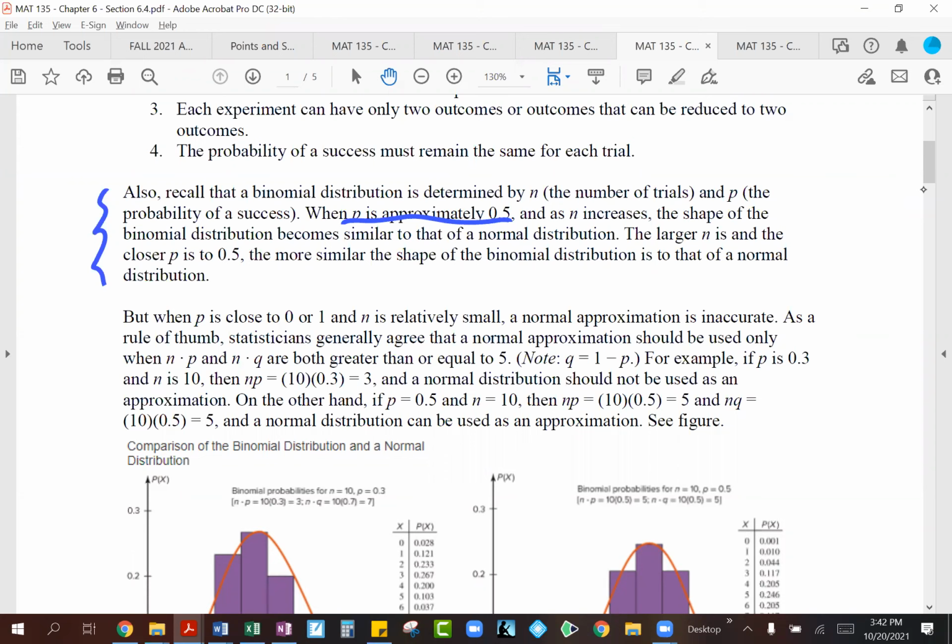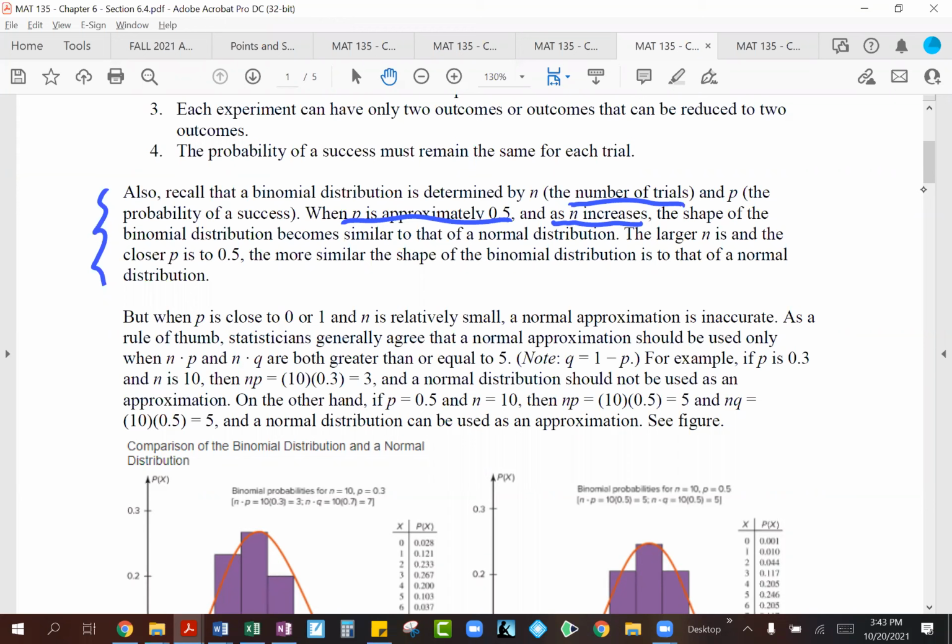If you think about a coin flip, they are saying as your n increases, and n is the number of trials. So just using that coin flip as an example, you had to do 10 flips for each experiment that I had you guys do. But imagine if we started doing 100 flips, 1,000 flips, 10,000 flips.